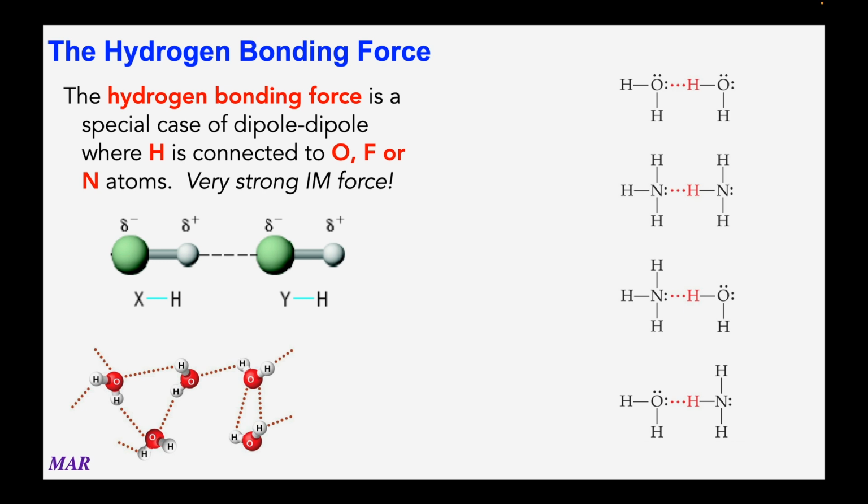It's very, very strong. HF, hydrofluoric acid, has hydrogen bonding in it. There are many examples of these hydrogen bonded species, but if you want the extra power of the hydrogen bonding force, you must have a hydrogen connected to O, F, or N. Hydrogen connected to anything else does not give you the hydrogen bonding force.